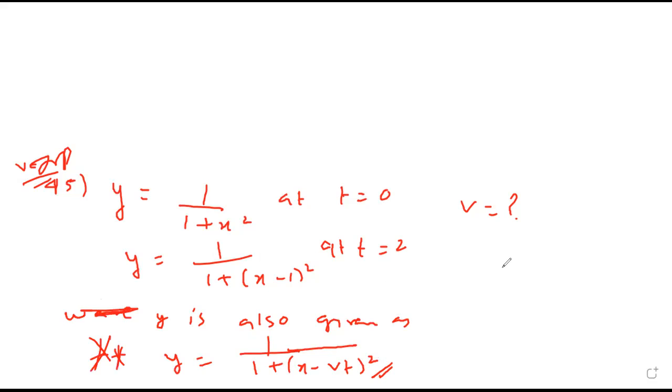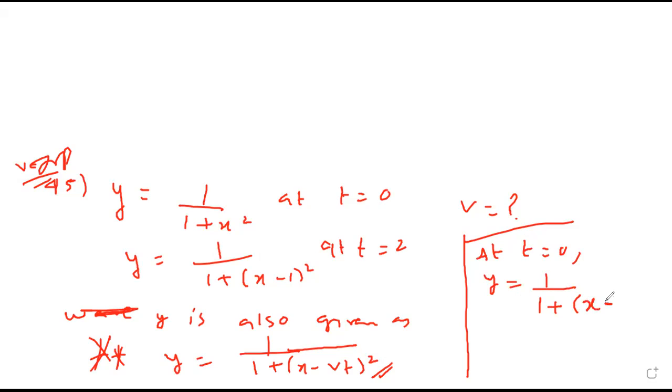Now if I compare this, at t equals 0, y will become 1 upon 1 plus x minus b into 0, that is 1 upon 1 plus x square, the first equation.